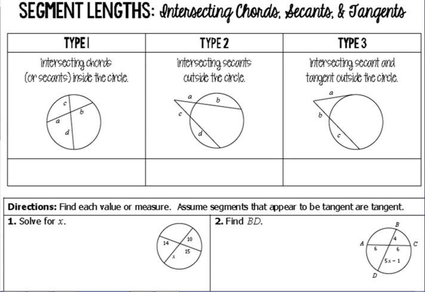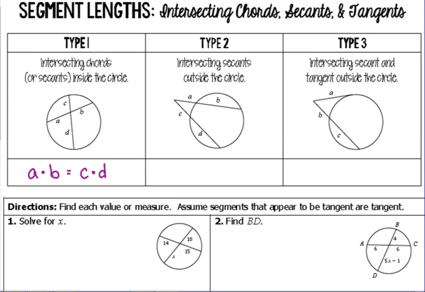They cross, so if you think about the cross as multiplying, it's A times B is equal to C times D. I think it's easy to remember that it's multiplying and not adding, because when you look at the picture, it's clear that segment AB is not the same length as segment CD.